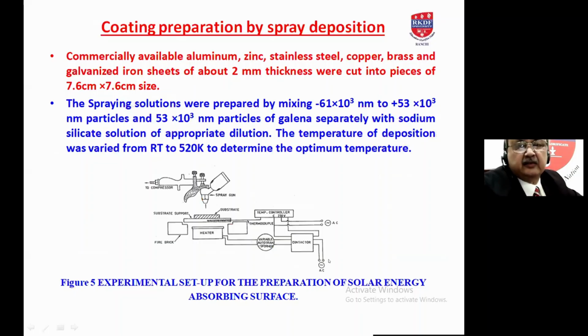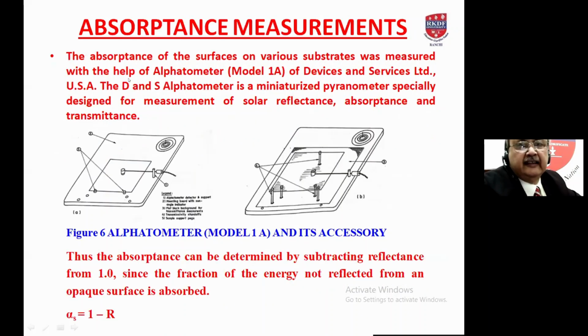This is the coating, how we have made the coating of galena, chunk galena as well as beneficiated galena. We have measured the absorptance where we have used the alphatometer model A1 device from Devices and Services Limited, USA.